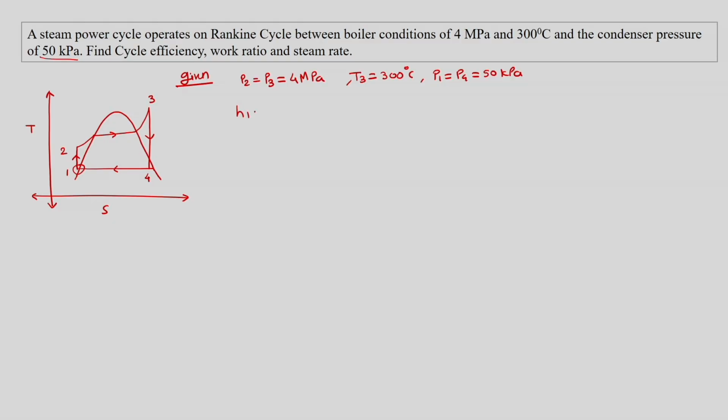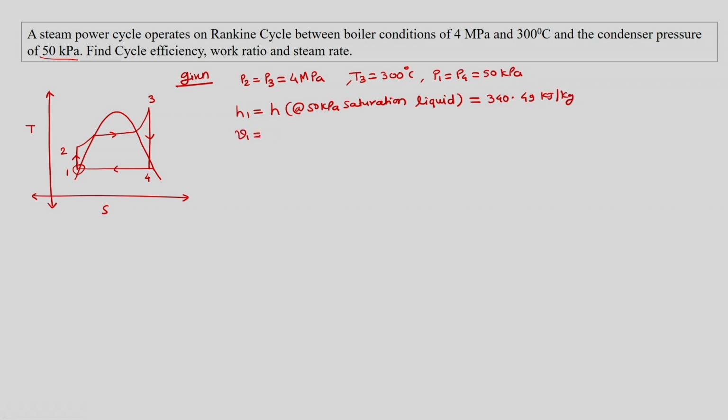So one state corresponds to the saturation liquid. So we can go to 50 kilopascal condition in the same table and find out what is the enthalpy at state 1. So if we say H1, which corresponds to enthalpy at 50 kilopascal saturation liquid, is equal to 340.49 kilojoule per kg.